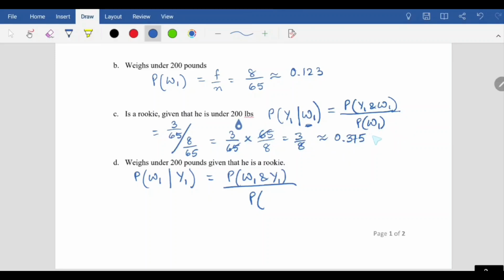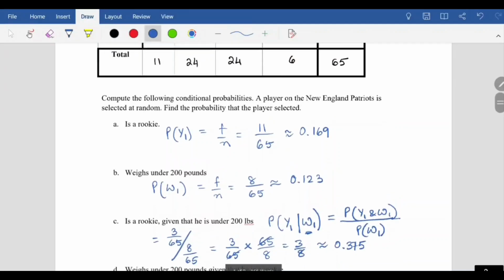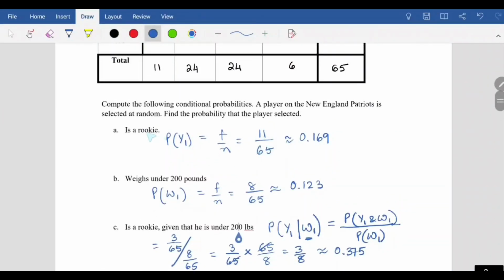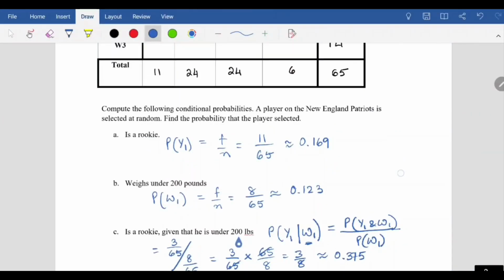In the previous case, we had probability of W1. Here we will have the probability of Y1 in the denominator. So probability of W1 and Y1 is the same as probability of Y1 and W1. So it's going to be 3 over 65 divided by the probability of Y1, which is 11 over 65. All right, 11 over 65 is the same thing that we had calculated here, probability of having a rookie.